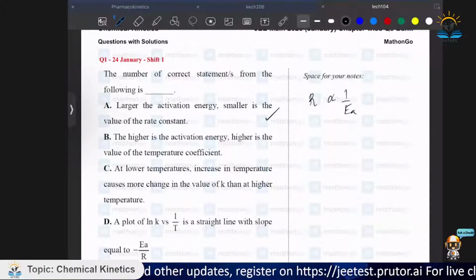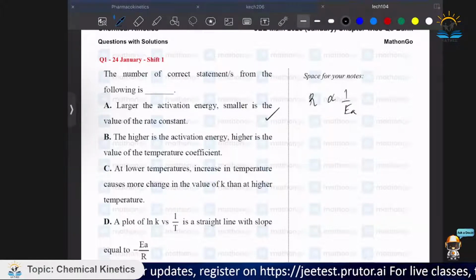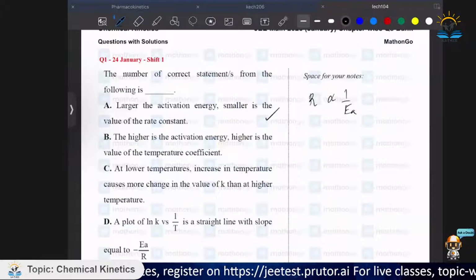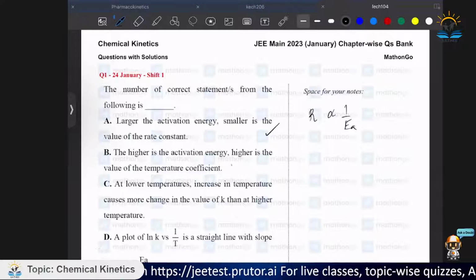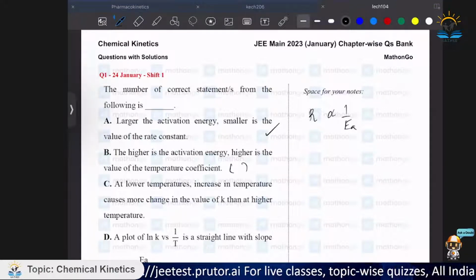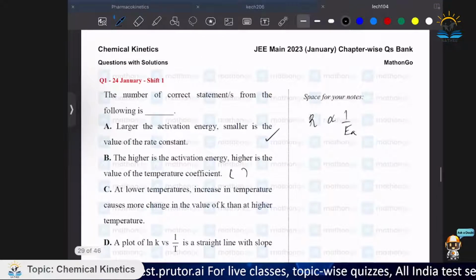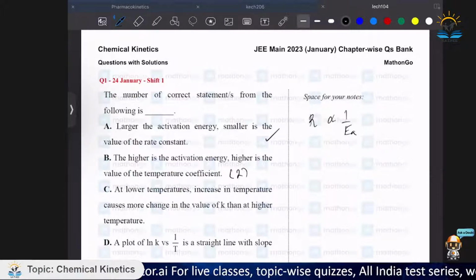The second one is: the higher the activation energy, higher is the value of temperature coefficient. So what is temperature coefficient? Temperature coefficient is how much change occurs per 10-degree rise in temperature. Usually it is 2, like the reaction doubles itself.